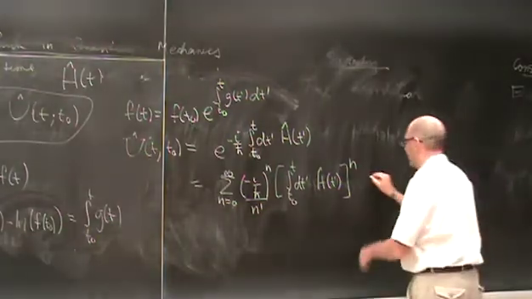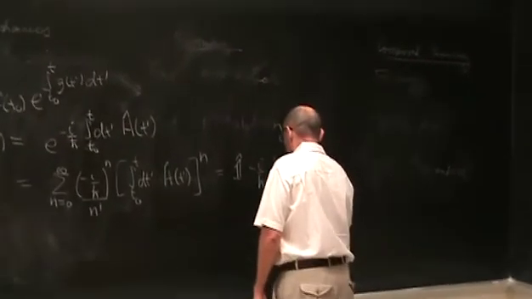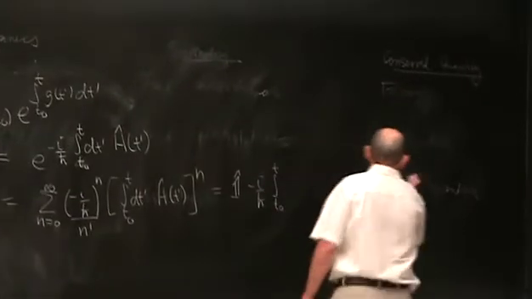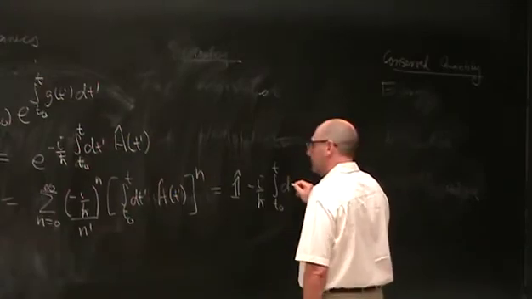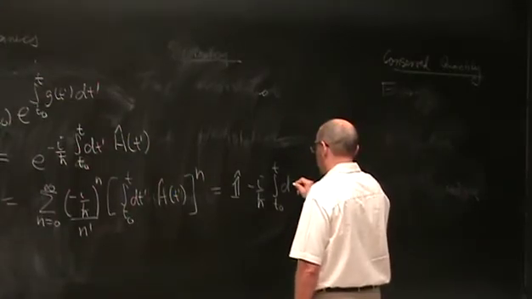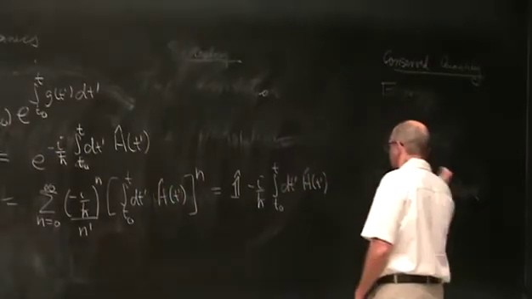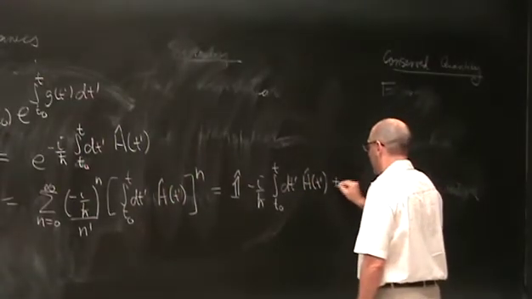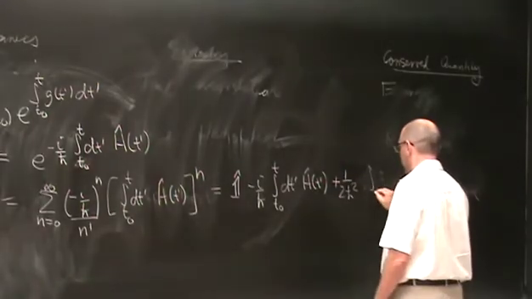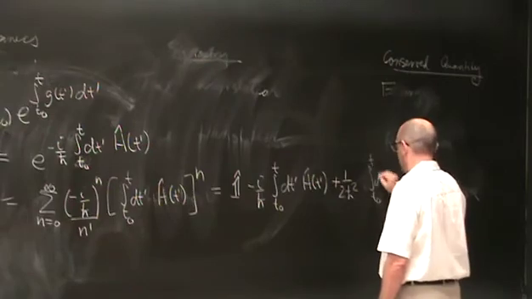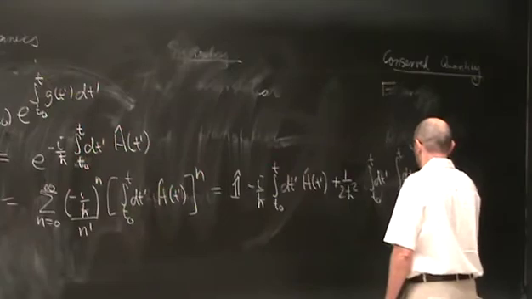This is equal to 1 minus i over h bar integral dt prime, plus a half over h bar squared double integral dt dt double prime.